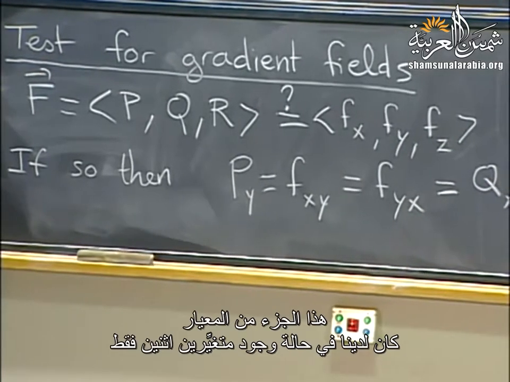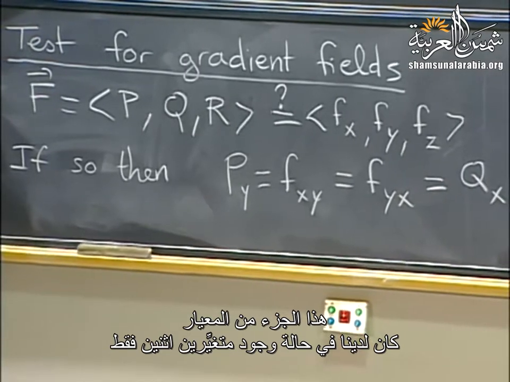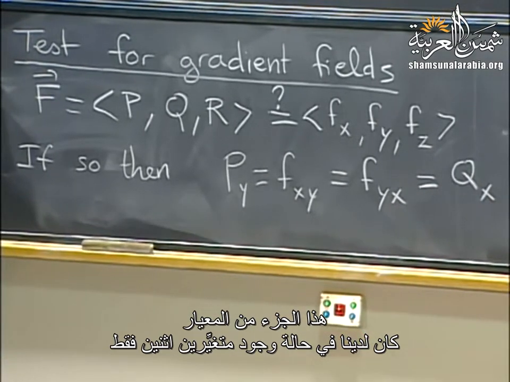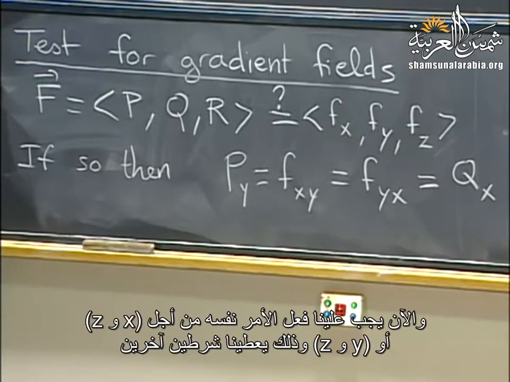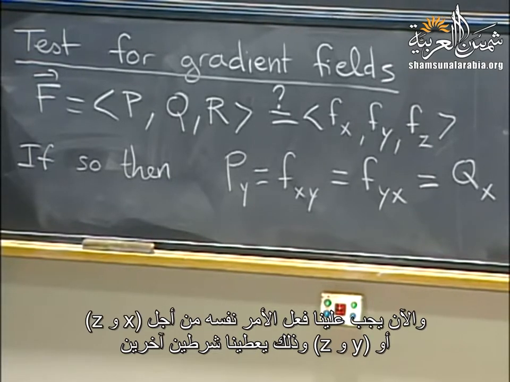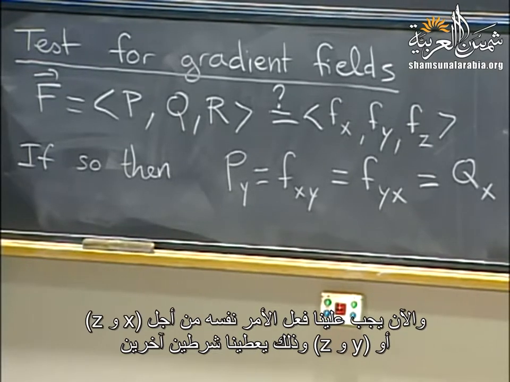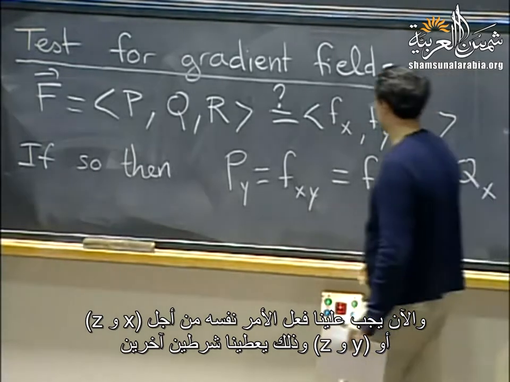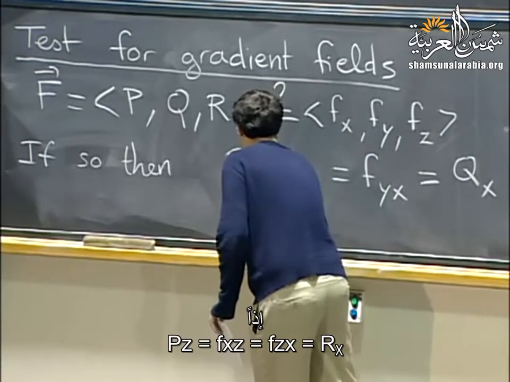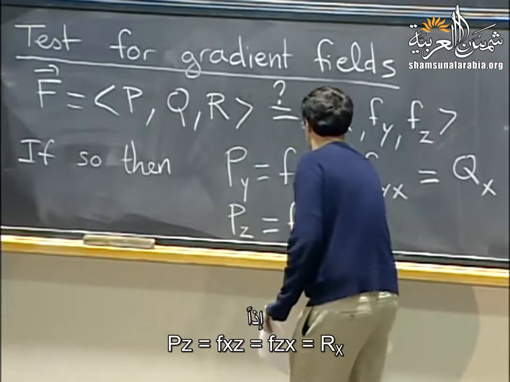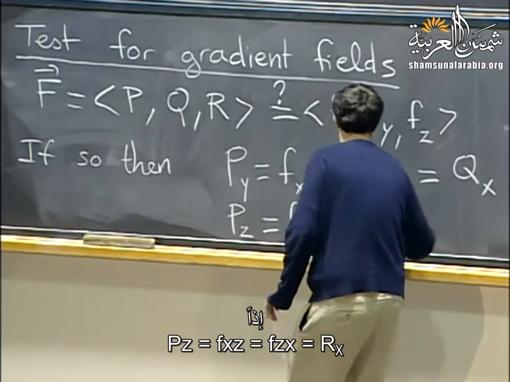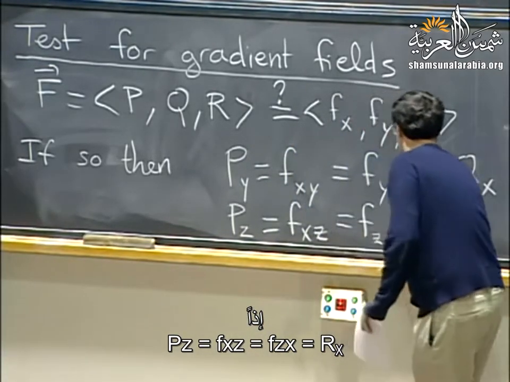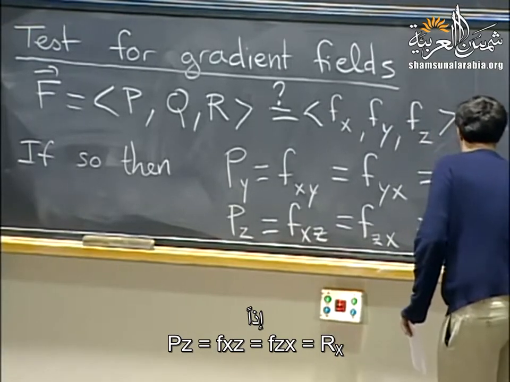Okay, so if you want, that's the part of the criterion that we already had when we had only two variables. But now, of course, we need to do the same thing when we look at x and z or y and z. So that gives us two more conditions. So P sub z is f sub xz, which is the same as f sub zx, so it should be the same as R sub x.